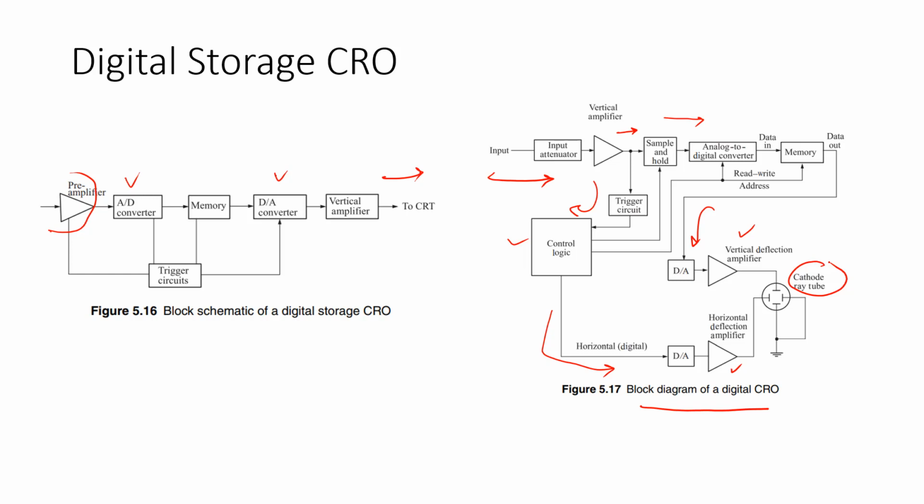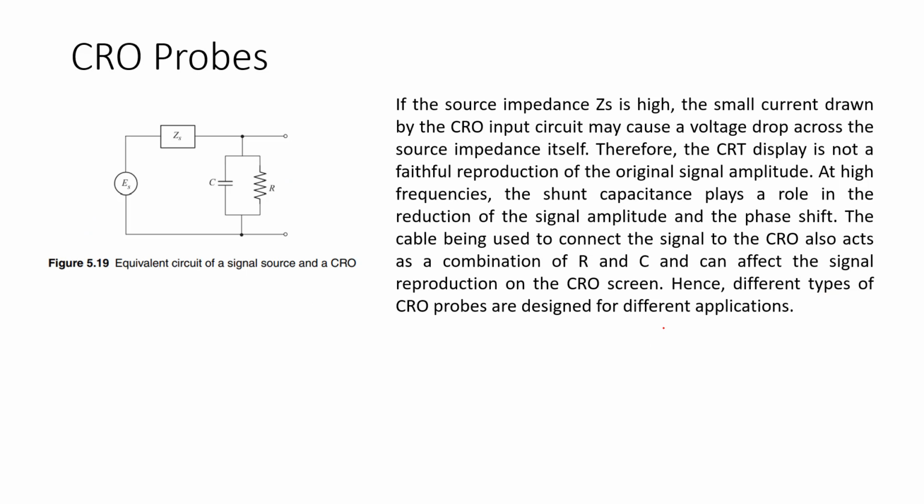And after we store the data in the memory, we have to restore the data to display the signal in the CRT. So we need a digital to analog converter here for the vertical deflection amplifier and also for the horizontal deflection amplifier. Okay, so this is the summary of the digital storage CRO.